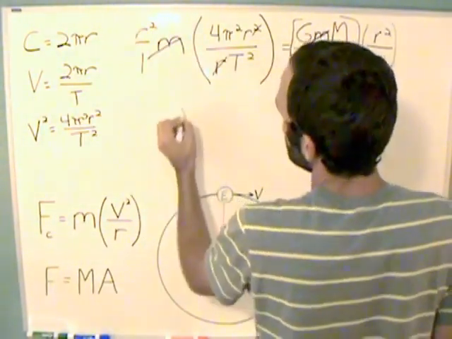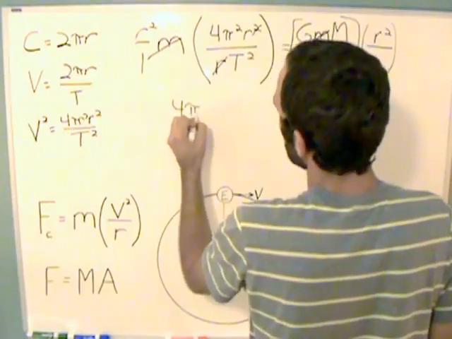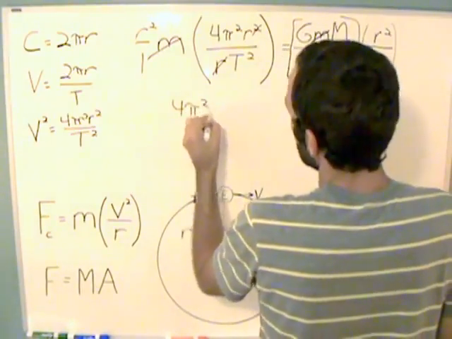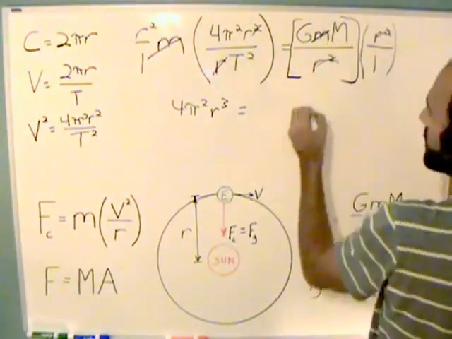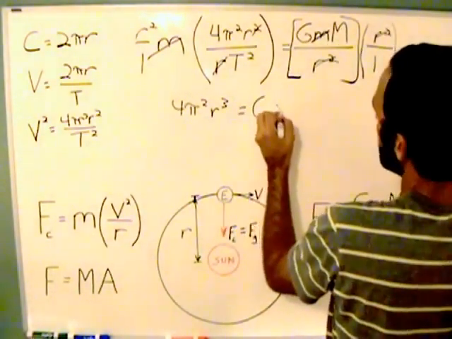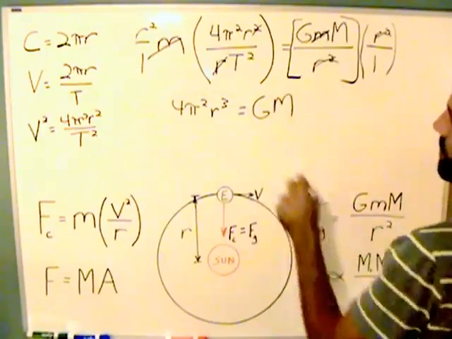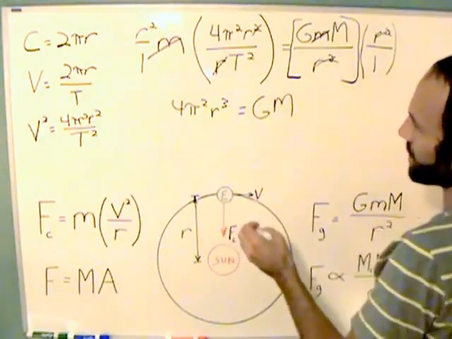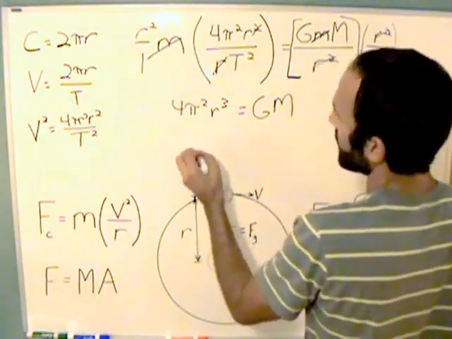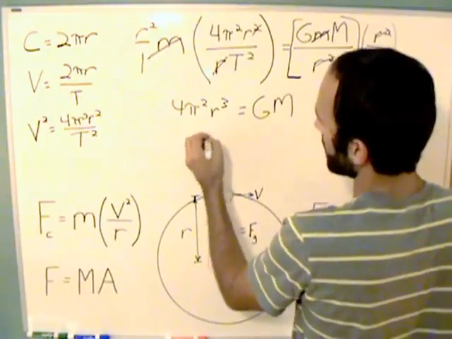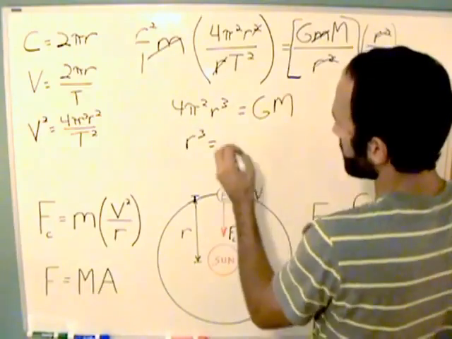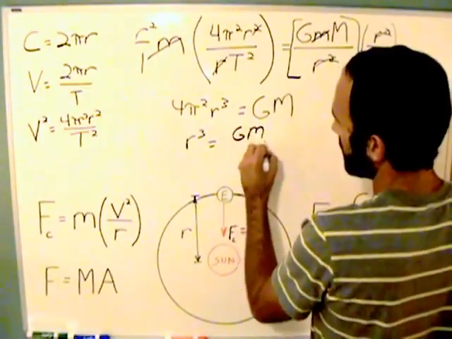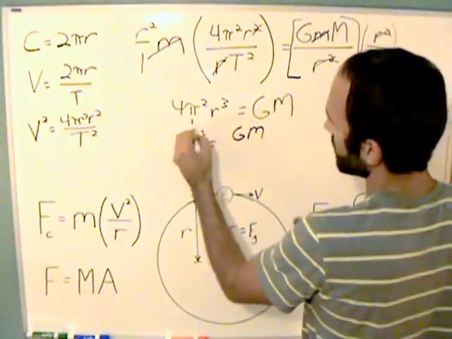That gives us 4 pi squared r cubed equals, cancels on this side, G times big M. Then we want to get r by itself, so we divide by 4 pi squared. I'm not going to show the steps, but we'll say r cubed equals GM, nope, I missed T cubed. Let me just write this out.